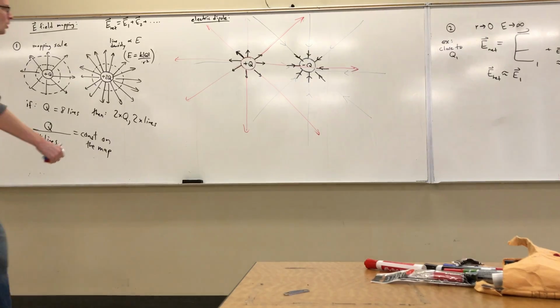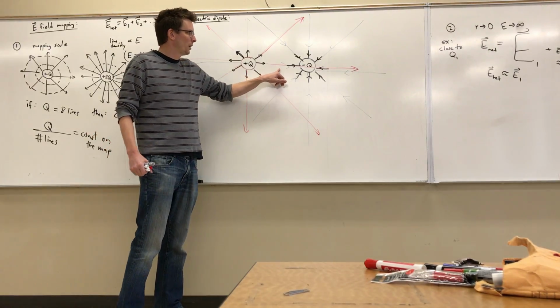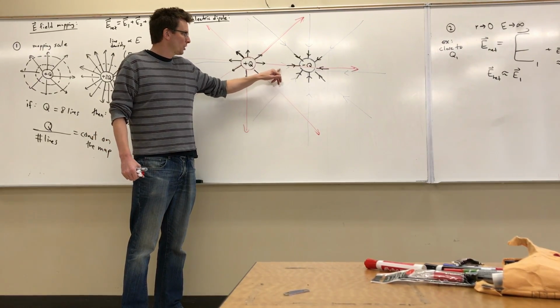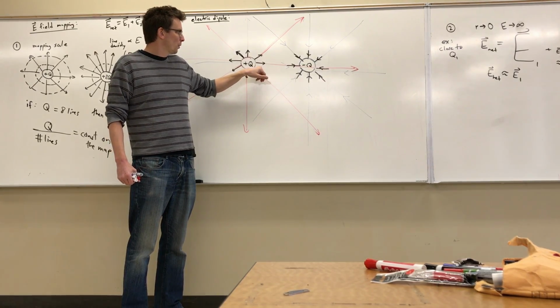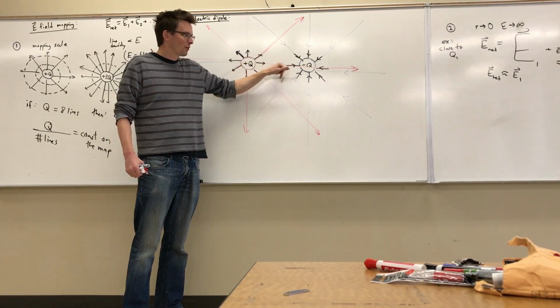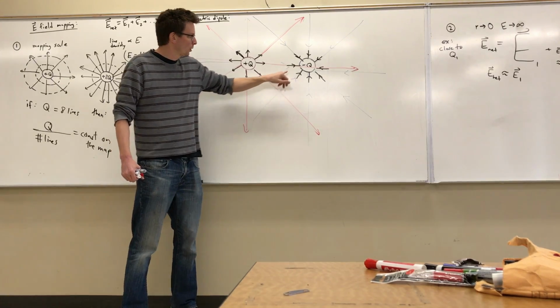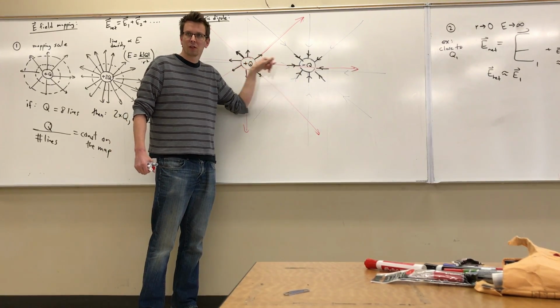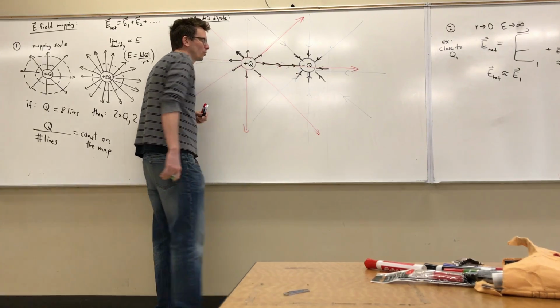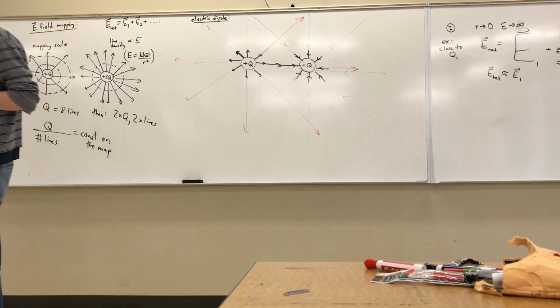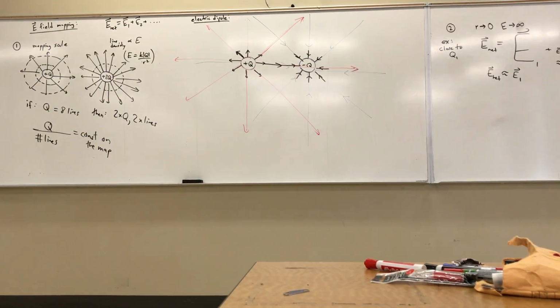So, first of all, in the middle, both charges agree on which way the field should point. This one wants it to point right because it's away from a positive charge. This one wants it to point right because it's toward the negative one. So we're going to get a strong rightward electric field between them. Both charges agree it should point to the right, so it's definitely going to point to the right.